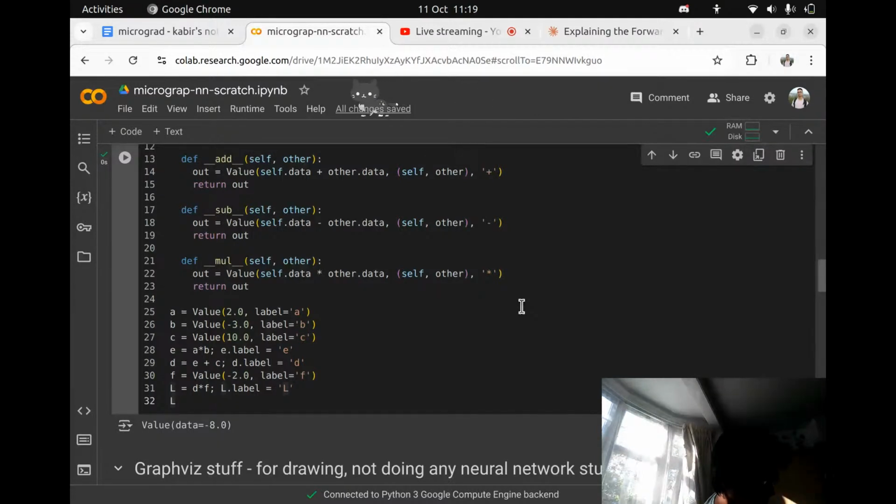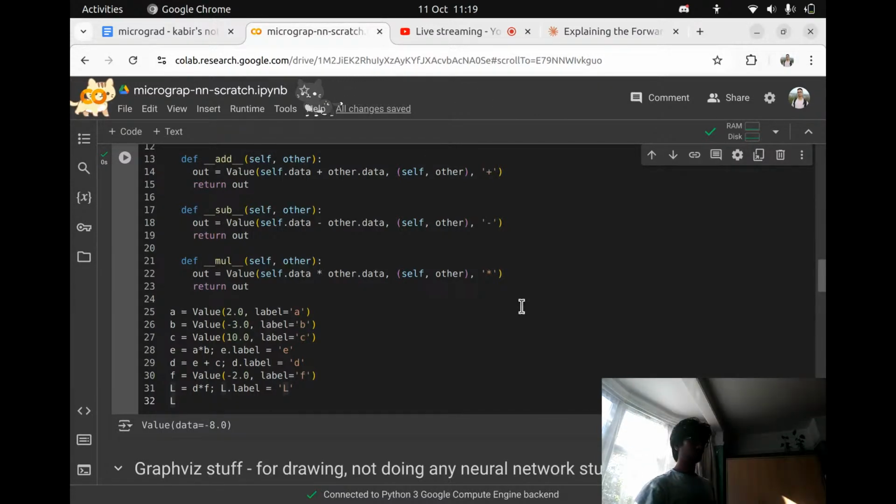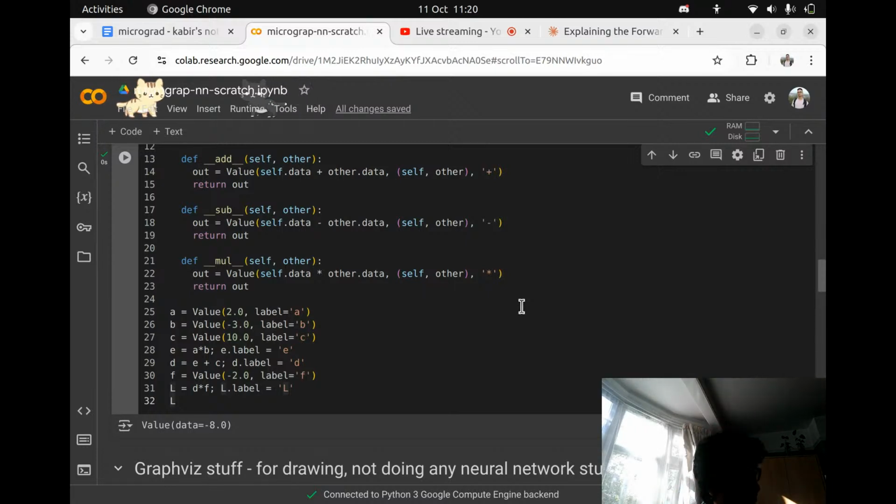And then we're going to derive the derivative of L with respect to F, with respect to D, with respect to C, with respect to E, with respect to B, and with respect to A. In a neural network setting, you'd be very interested in the derivative of this loss function, L, with respect to the weights of a neural network. Here we have just these variables A, B, C, and F, but some of these will eventually represent the weights of a neural net.